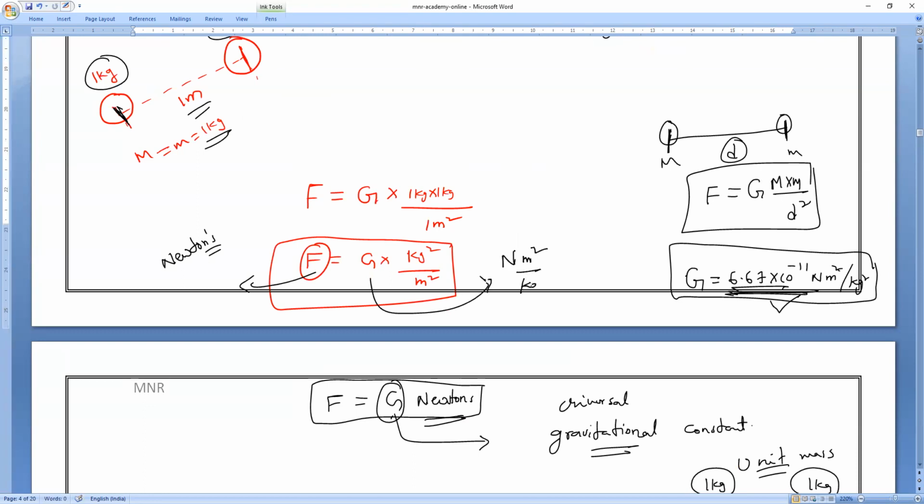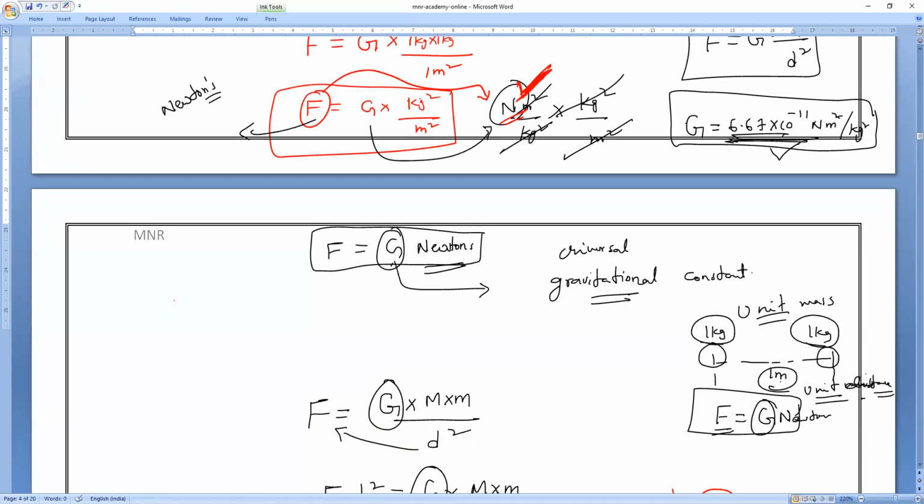Newton meter square per kilogram square into kilogram square per square meter. So kilogram square gets cancelled, meter square gets cancelled. What is left? Newton. So Newton is the unit of what? Force.